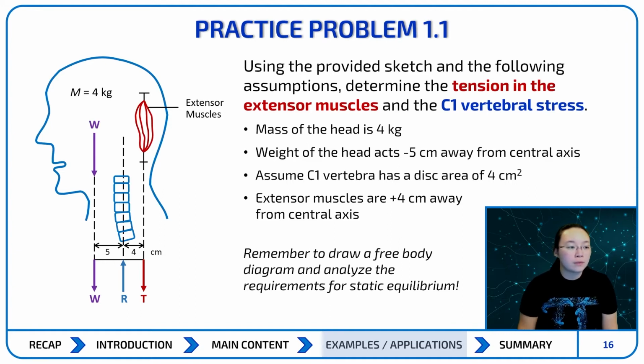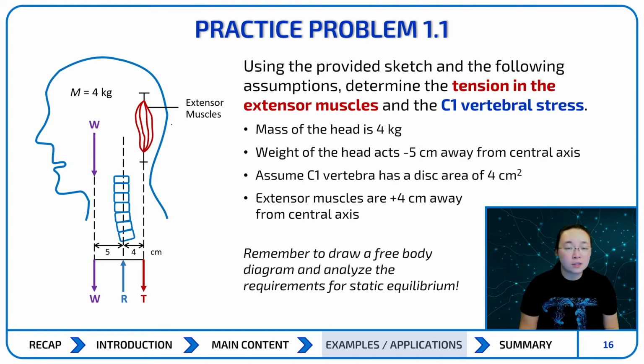So number 1, we note that the mass of the head is 4 kilograms. And that means that there's a certain weight of your head sitting on your C1 vertebra.